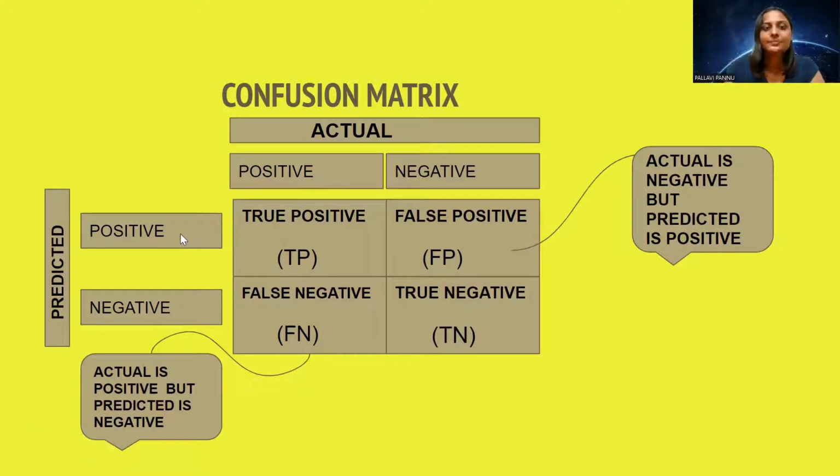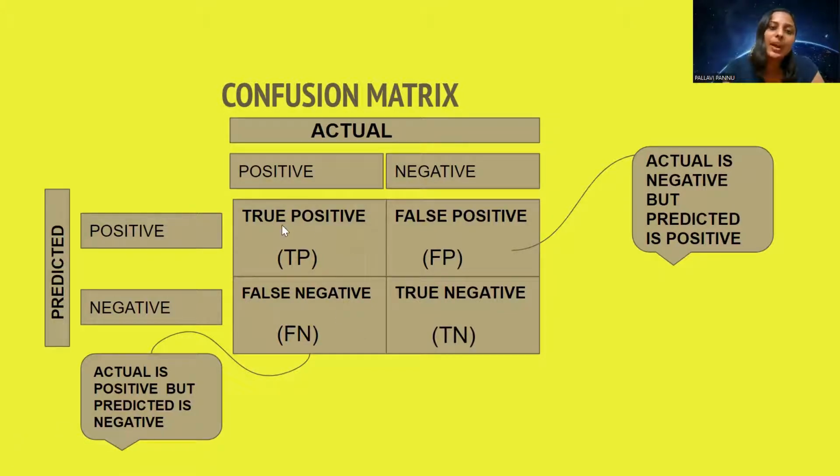For example, the actual was positive and predicted also positive. Then actual can be negative and predicted can be positive. So 2 possibilities are there for actual, positive and negative, and likewise for predicted. So total 4 we have: positive-positive, positive-negative, negative-positive, and negative-negative.